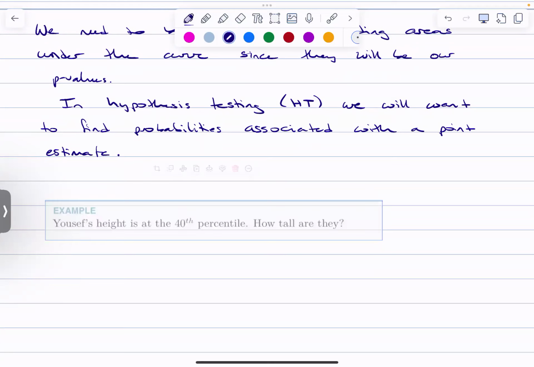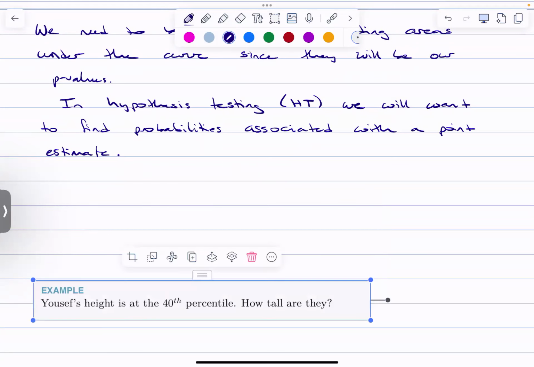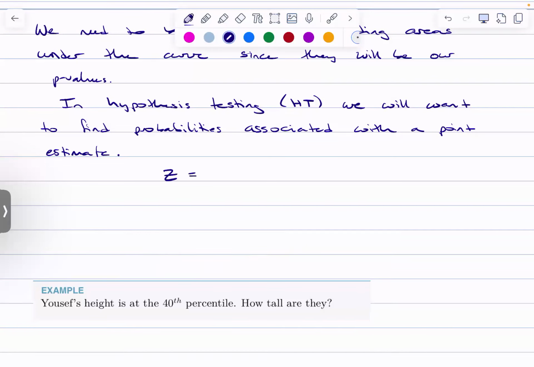One of the ways that we can analyze a point estimate is we can say that Z is going to be your point estimate, your best guess from your sample, minus the hypothesized value. How far is this thing from where you think it should be?